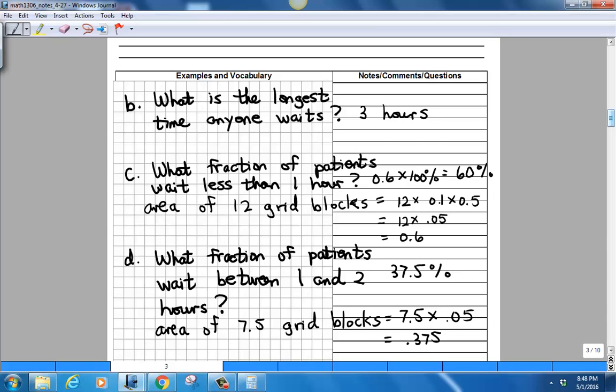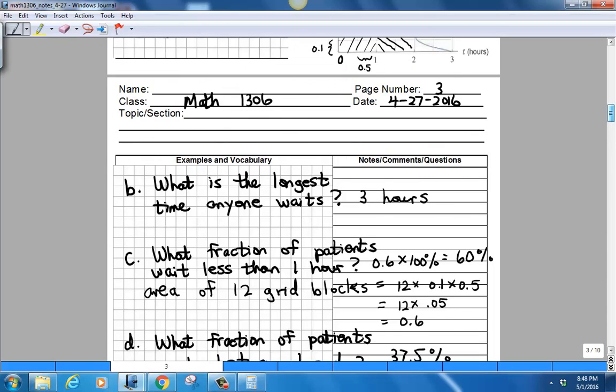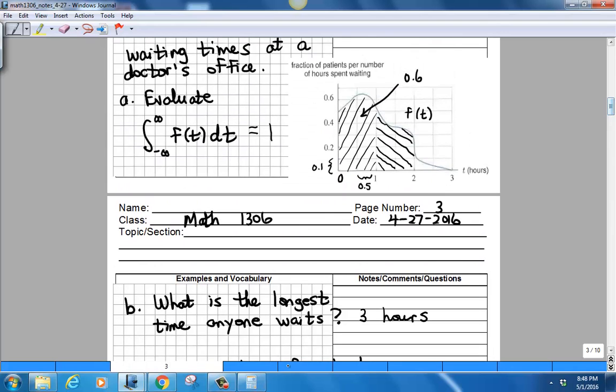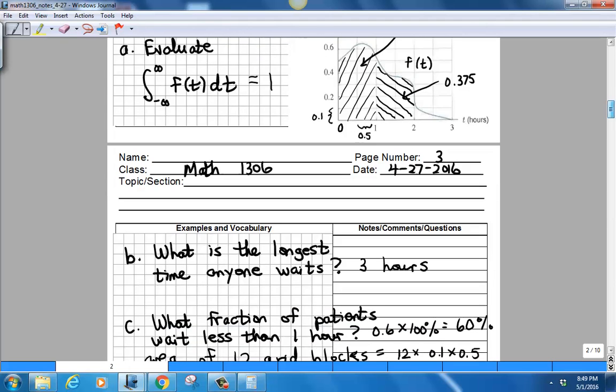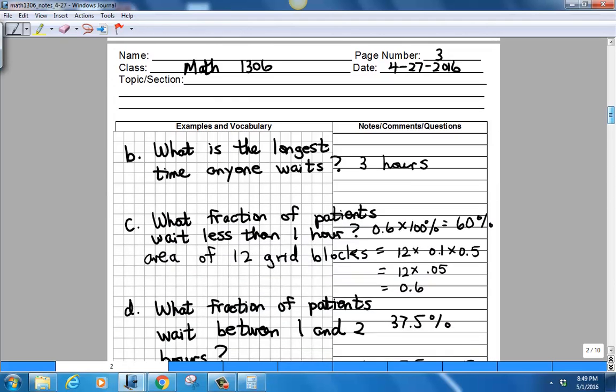So we're thinking about 37 or 38% of the patients have to wait. Well, that seems like quite a long time. Don't think I'd want to go to this doctor, right? About 37 or 38% of the patients have to wait between 1 and 2 hours to get in to see the doctor at this particular doctor's office.